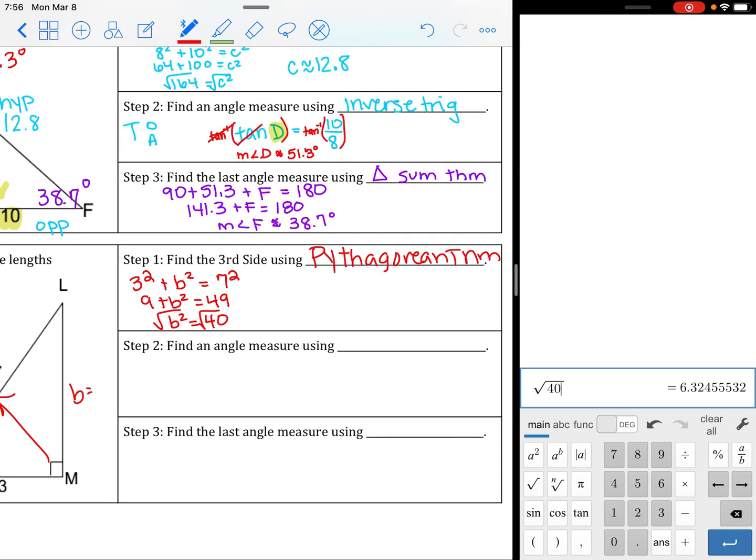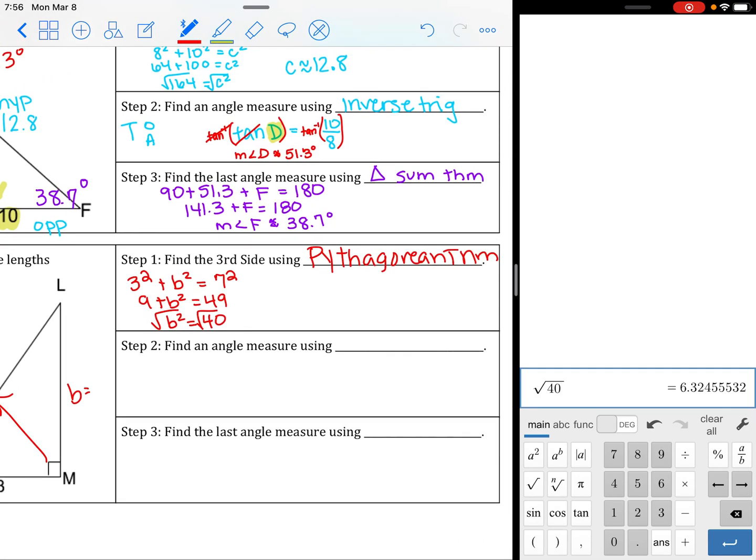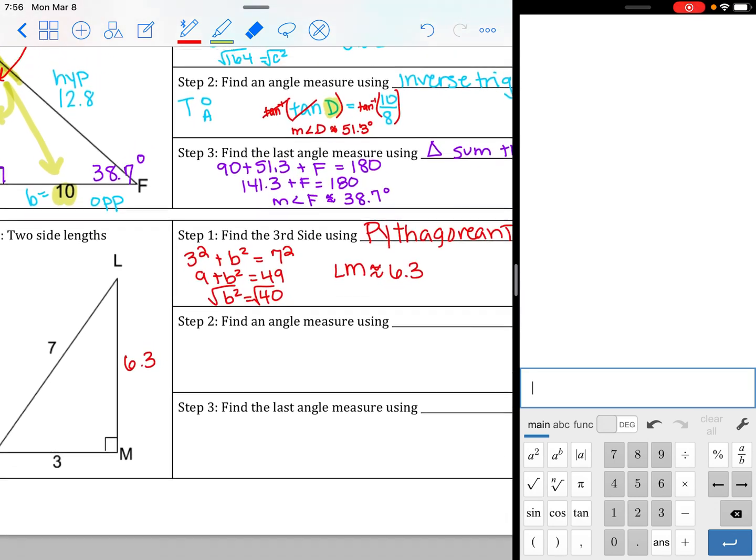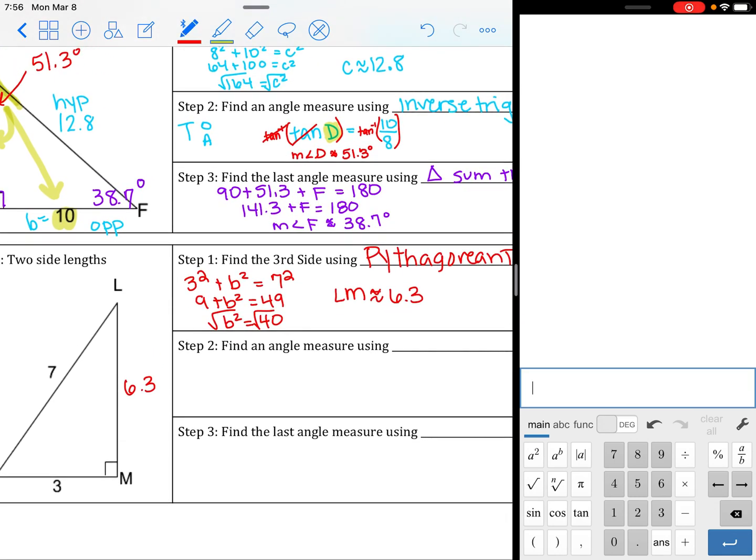So if I round this to the nearest tenth, that will say that this last side length, which is LM, is approximately 6.3 units. So now I can say that this is about 6.3. One way I can check myself is that the hypotenuse should be the longest side of a right triangle, and here it is.